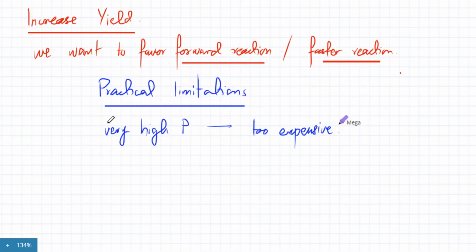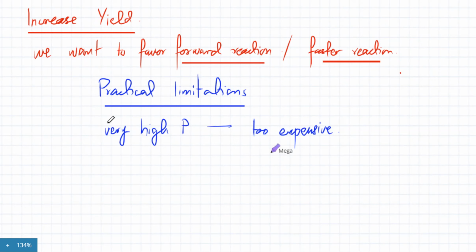So you can't have a very high pressure. That's just too expensive. Even though Le Chatelier's principle would agree with that, there's a practical limitation. I would like to have a 1 million atmosphere pressure, but you'll probably get that pressure on Jupiter or some other planet.